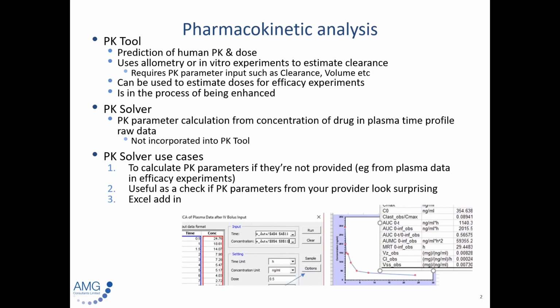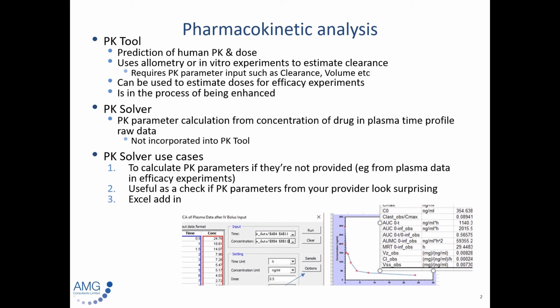So I'm going to talk about some use cases. We're going to talk about calculating PK parameters. So, for example, if they're not provided by a CRO, if you've had your PK experiments done that way, it's obviously useful as a check if the PK parameters from the provider look a bit surprising.